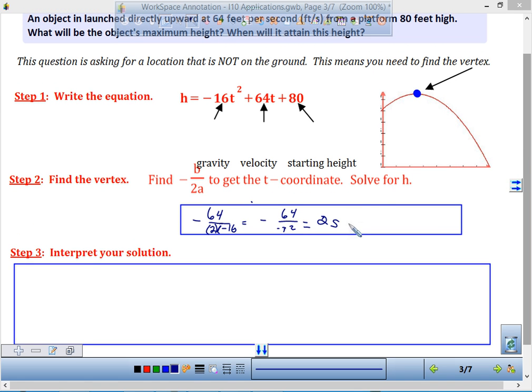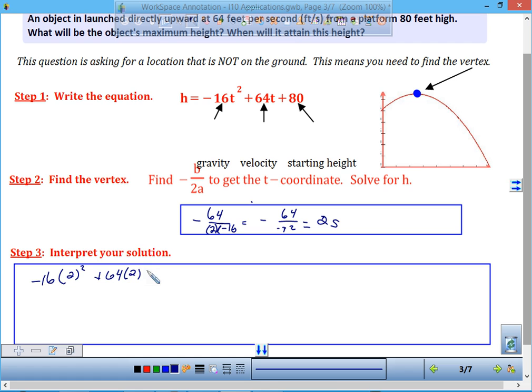So I put 2 in, so now I'm going to have negative 16 times 2 squared plus 64 times 2 plus 80. 2 squared is 4. Negative 16 times 4 is negative 64.